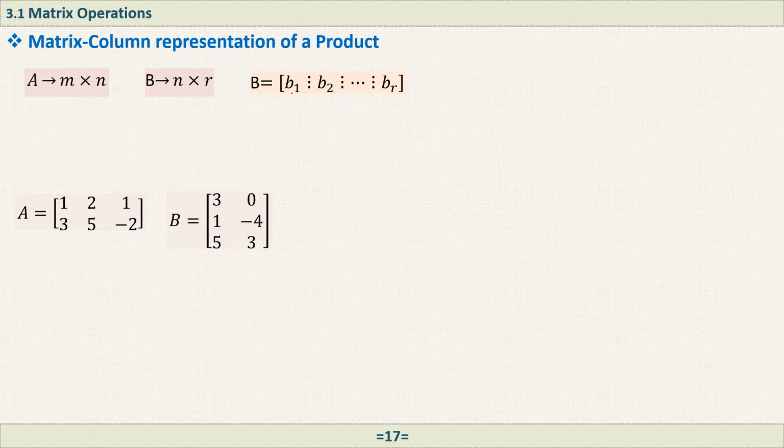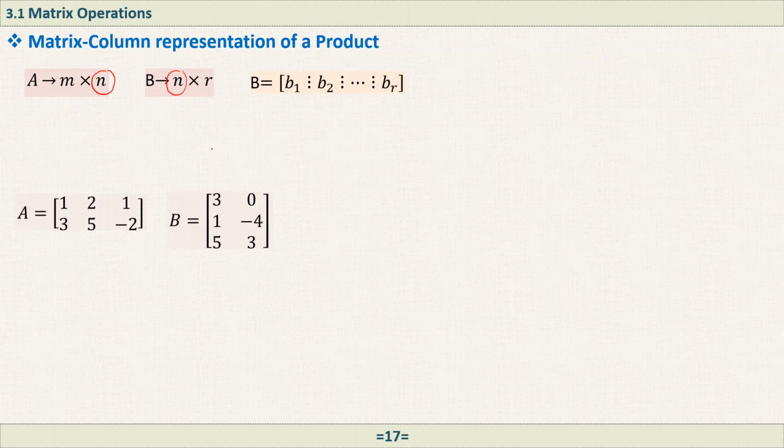Here B1 is the first column, then the second, third, up to the rth column, because B is an n by r matrix. The number of columns of matrix A is the same as the number of rows of B, which means the product A times B is defined.